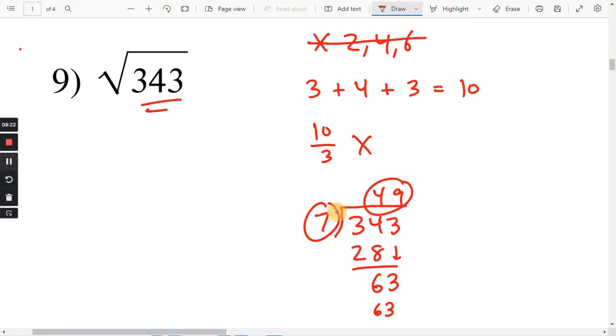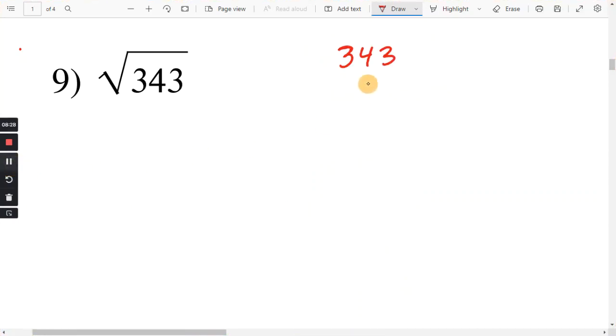All right, so let's start the factoring tree with 7 times 49. So 343 is 7 times 49. And we know that 49 is 7 times 7. Okay, 7's a prime. We can't break up the 7s. So we're going to circle those.